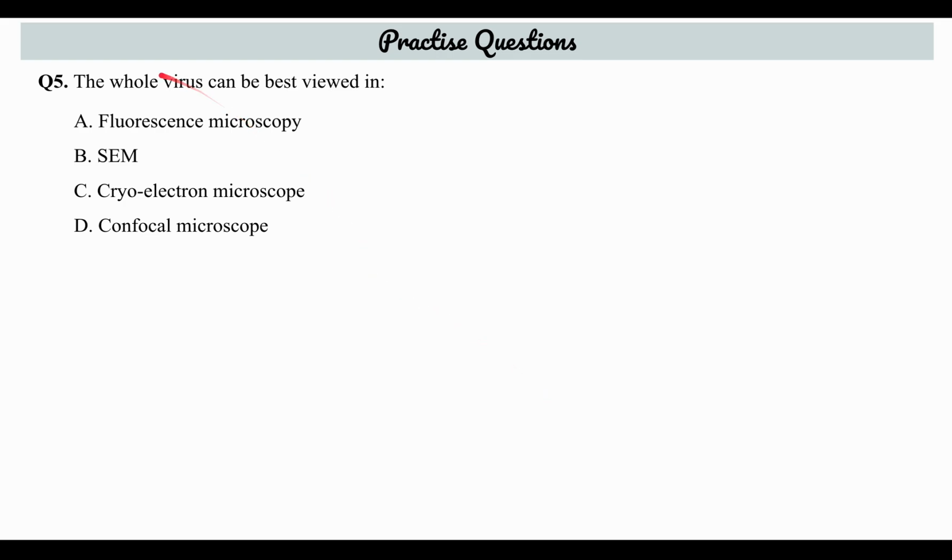So the next question is, the whole virus can be best viewed in option A, fluorescence microscopy, option B, scanning electron microscopy, option C, cryo-electron microscope, and option D, confocal microscope. Okay, so now you have to think a little and then tell the right answer.